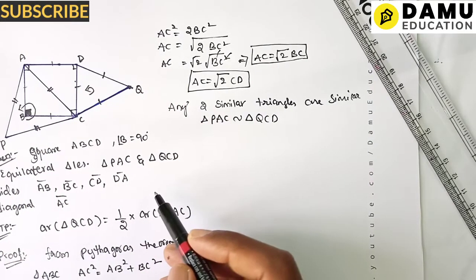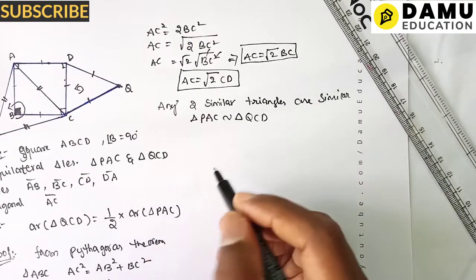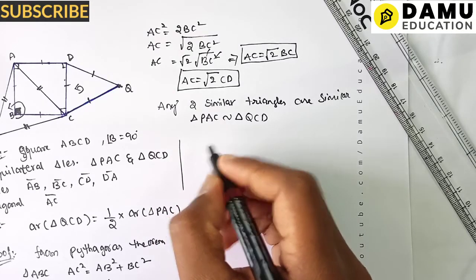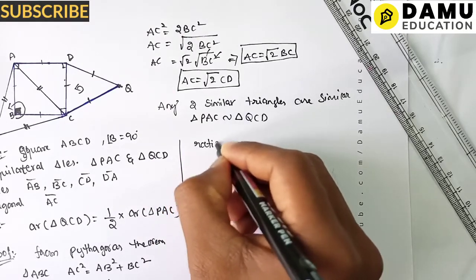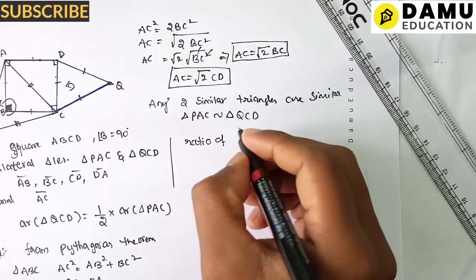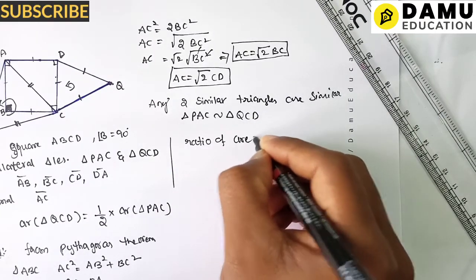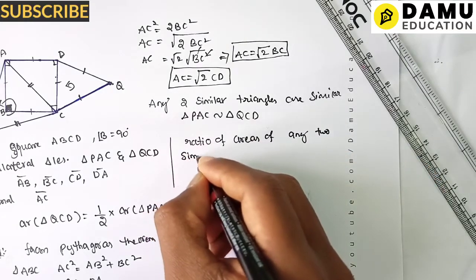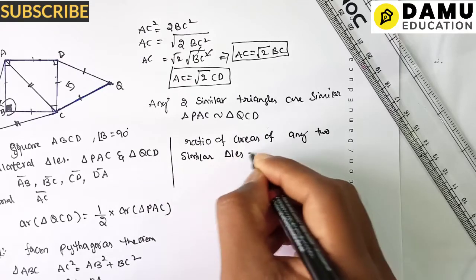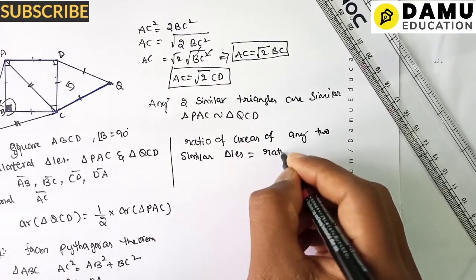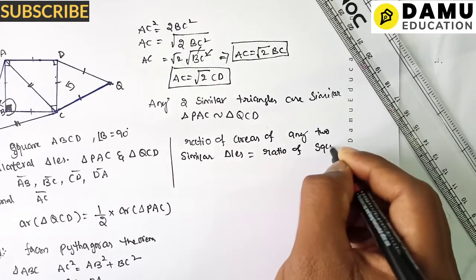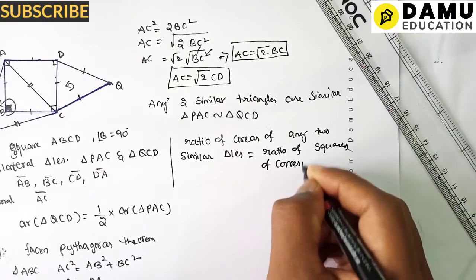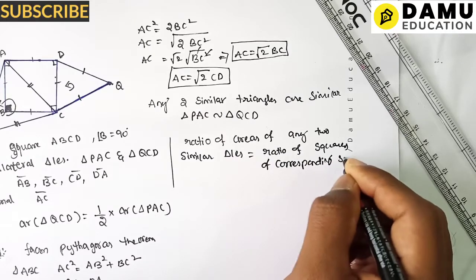So from there, we have a theorem which states that the ratio of the areas of any two similar triangles will be equal to the ratio of the squares of corresponding sides.